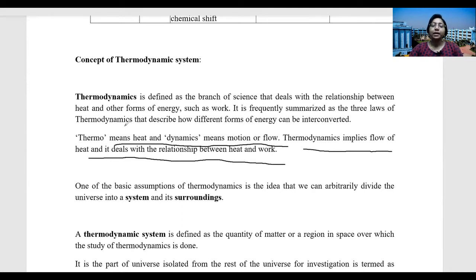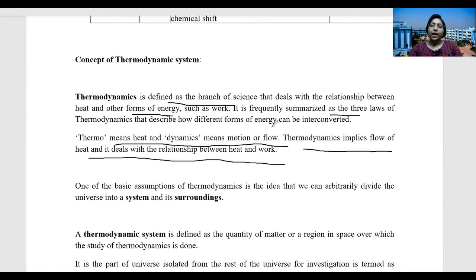Thermodynamics is defined as the branch of science that deals with the relationship between heat and other forms of energy, such as work. It is frequently summarized as the 3 laws: first law, second law, third law, and also there is another law that is called the 0th law.